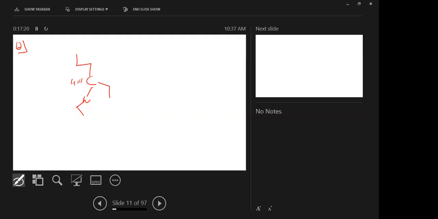It erased on me for some reason right there, but that's okay. We'll just redraw it. We just have to name that compound. I'm going to rotate it myself again.